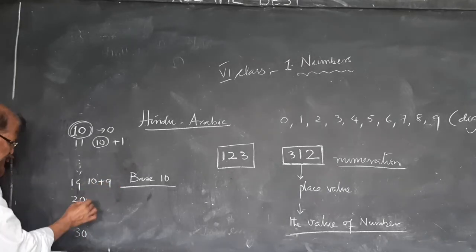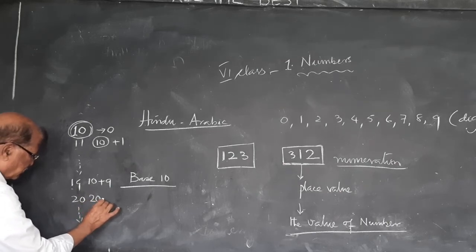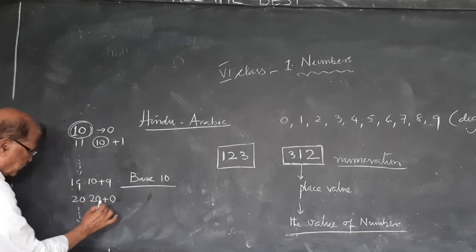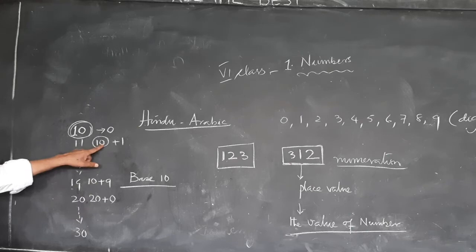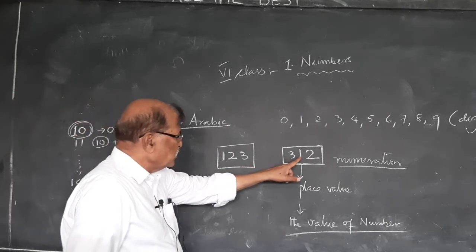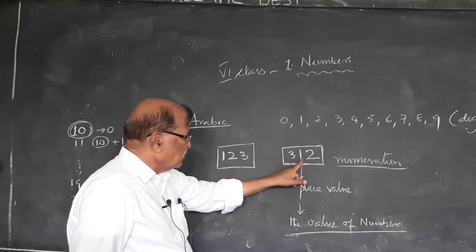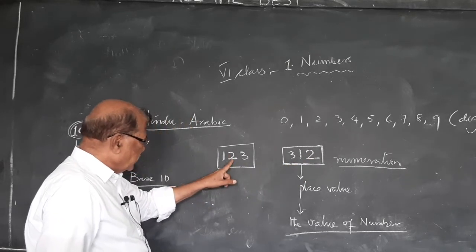Now if 1 is added, you get 20. This 2 indicates that there are 2 tens. There is 1 ten. So here you have 12, which is 10 plus 2. Here 20 plus 3.